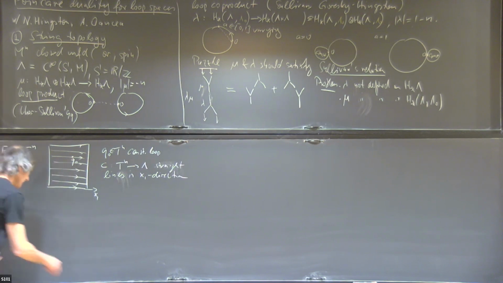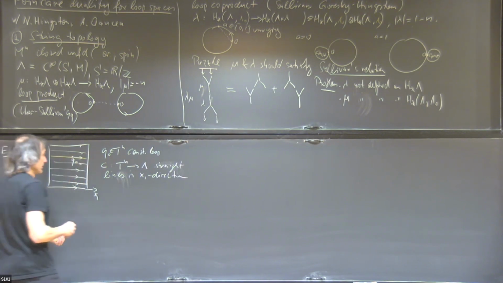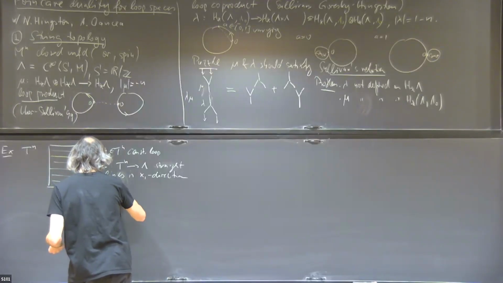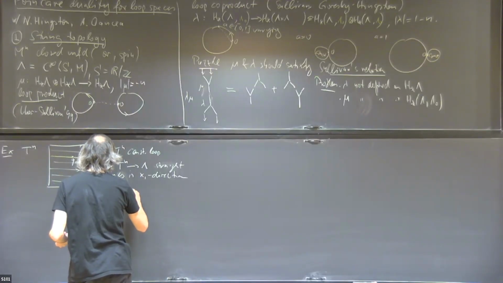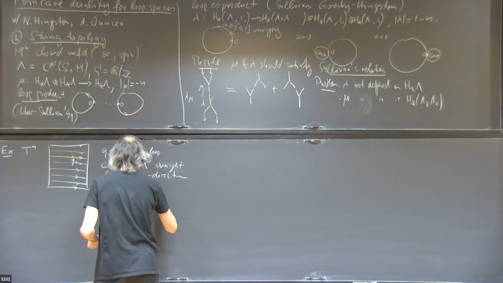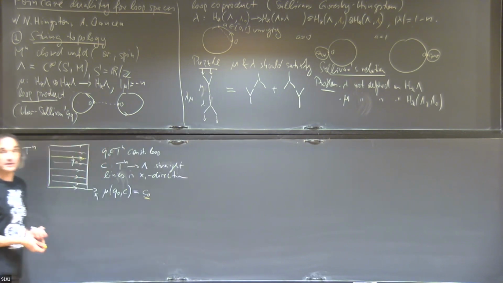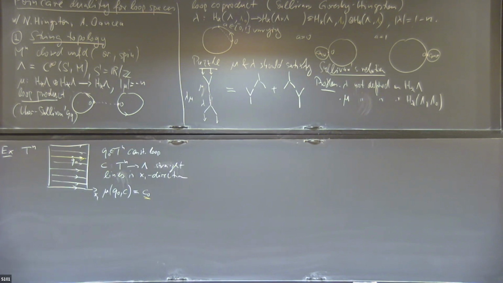So I get precisely this thing. The loop product mu of q0 with C will be, let me call it, C0, this particular loop, starting at q0, going once around.